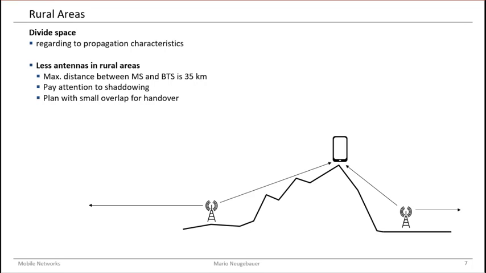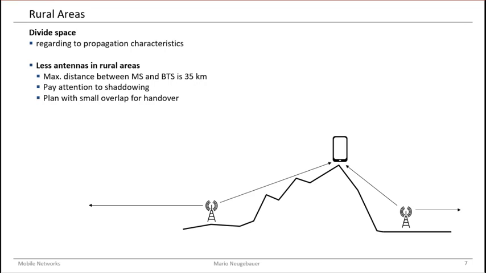This is one phenomenon we have to pay attention to, so that we get a small overlap here on the top of the mountain and the top is also covered, like the other areas around this base station. If we have a flat area, then of course we don't need to think about the shadowing.